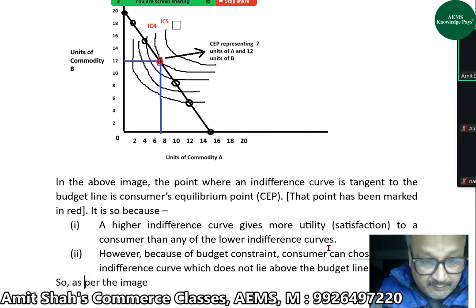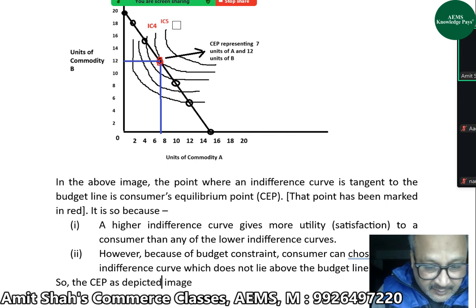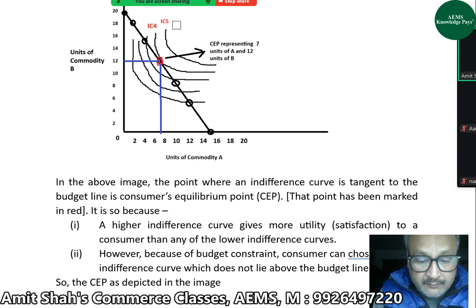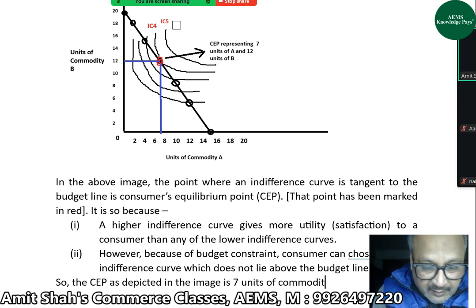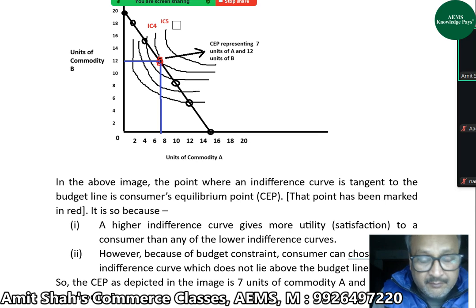So as per the CP, the CP as depicted in the above image is 7 units of commodity A and 12 units of commodity B.